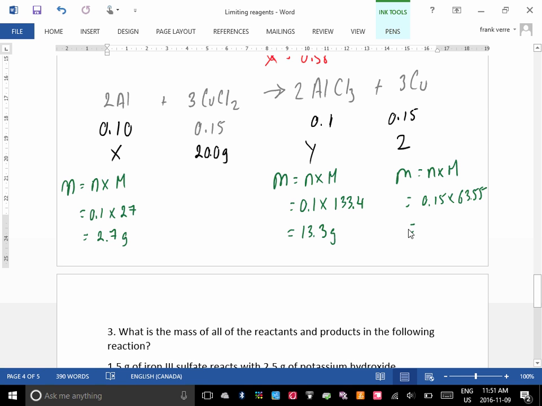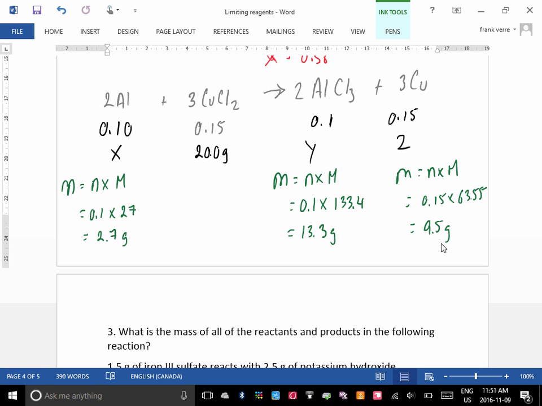That should be close to 9. 9.5, yeah. The right side equals 22.8, and the left side equals 22.7. The slight difference is due to rounding. But this is how you would solve it.